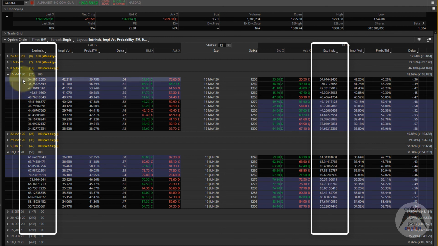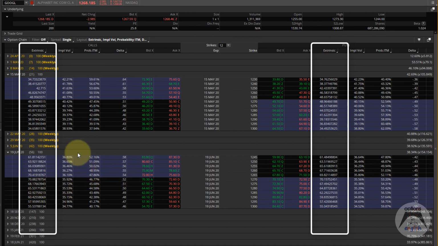So now you've seen how it works on the platform. You've seen the extrinsic in reality, and now you know what the difference is between intrinsic and extrinsic, and how intrinsic doesn't depend on implied volatility or time to expiration, but extrinsic value, which is what gives options their optionality or their main option characteristics, does.